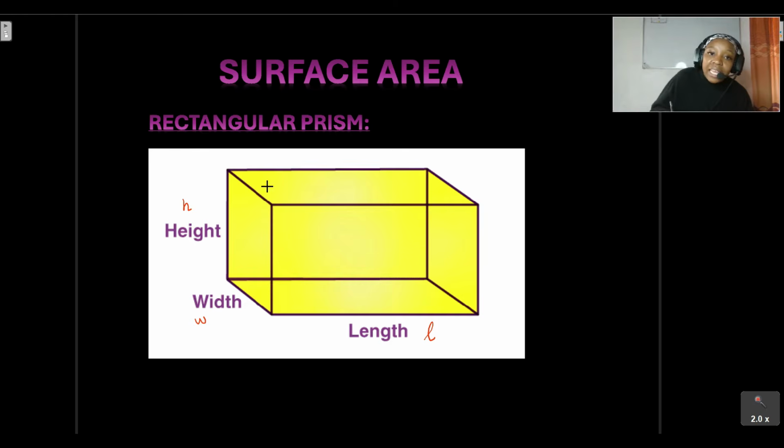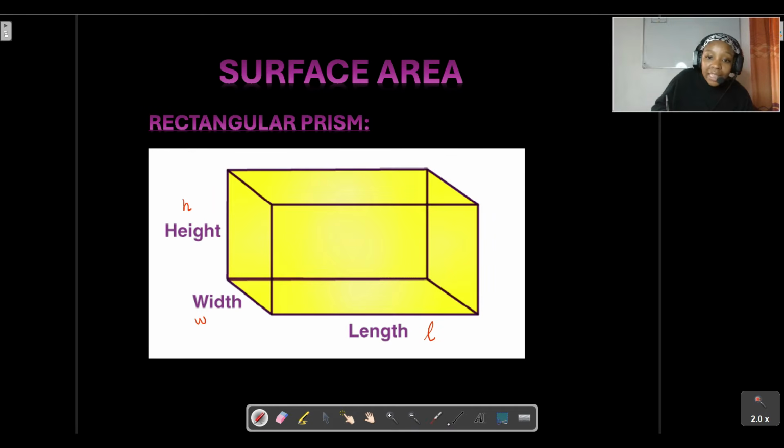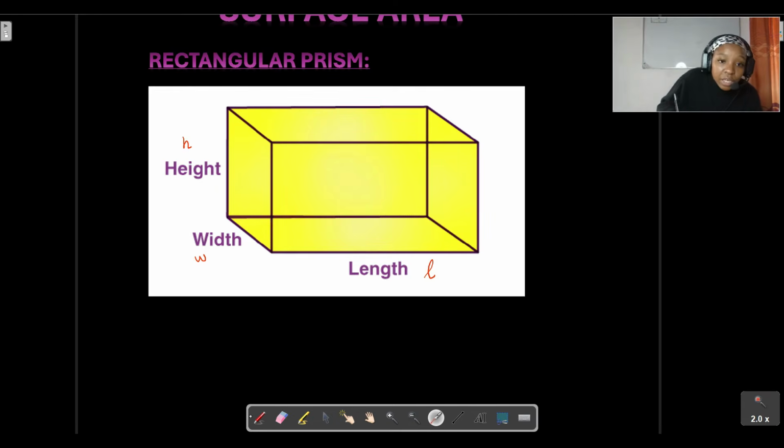If you look at the top and the bottom face, you'll actually see that they share the same dimensions. They have the same length and the same width. So if we had to calculate now the area of the top and the bottom, that area would basically be the same.